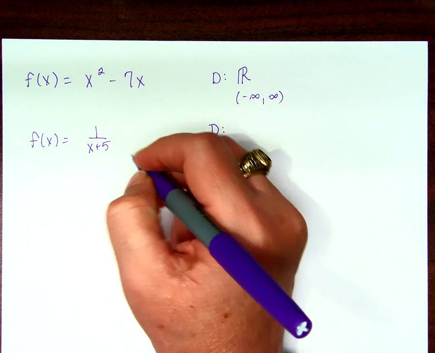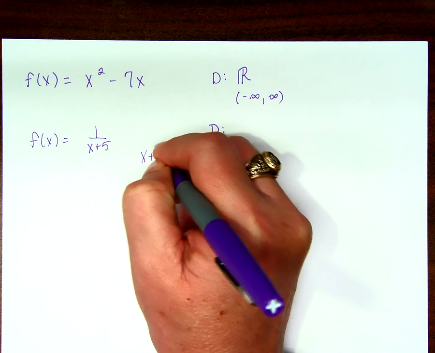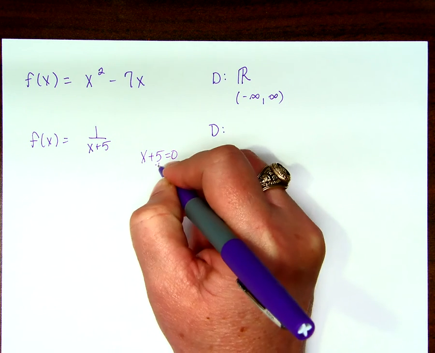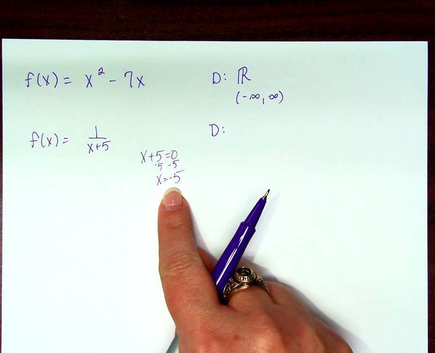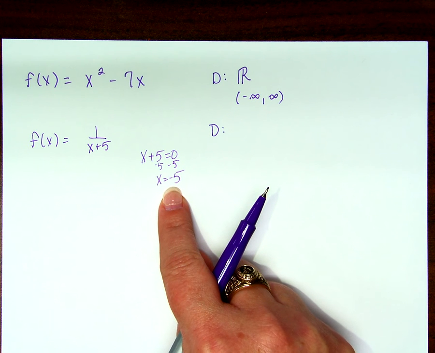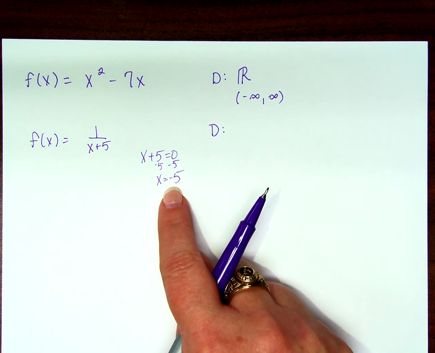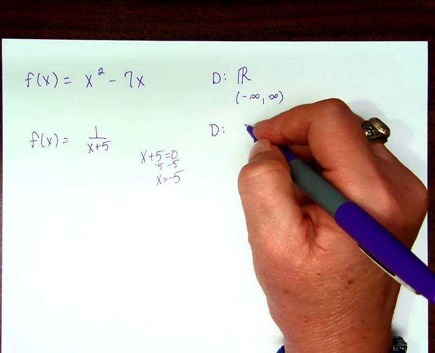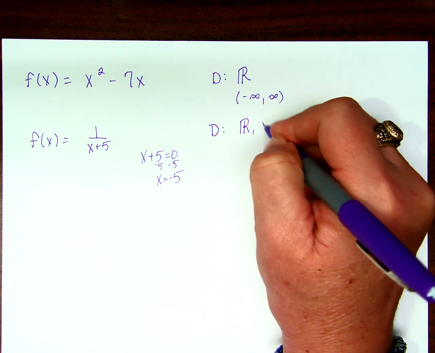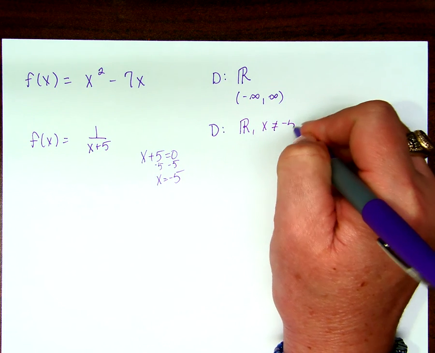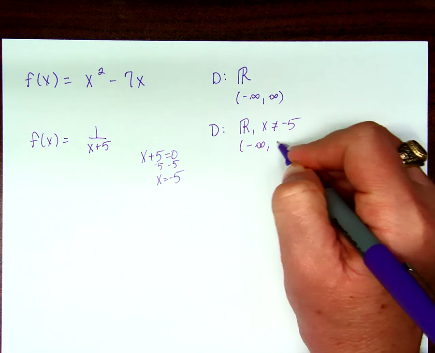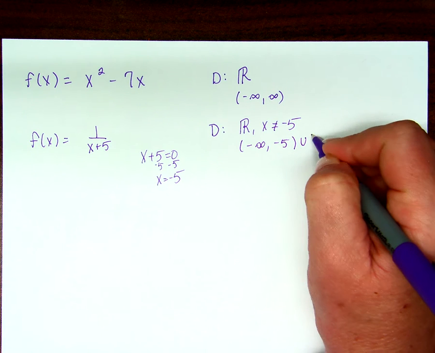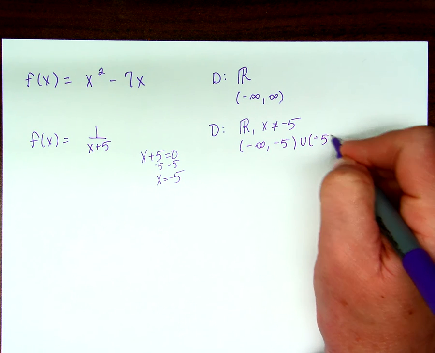I set the denominator equal to 0 and solve. That tells me where the domain is not. The domain is everywhere except that place. So we could say all reals, x does not equal negative 5. Or we could say negative infinity to negative 5 union negative 5 to infinity.